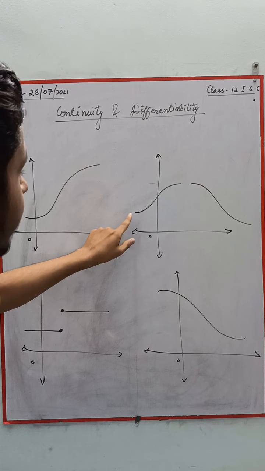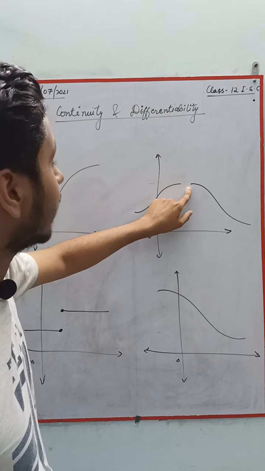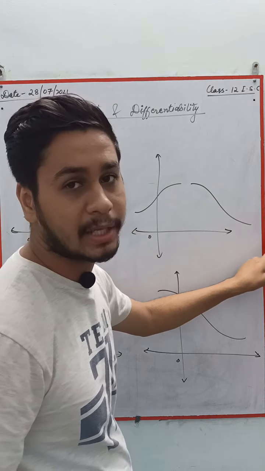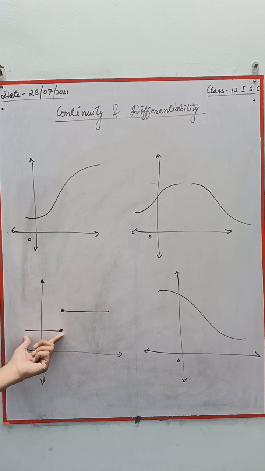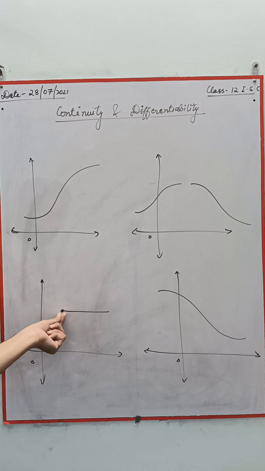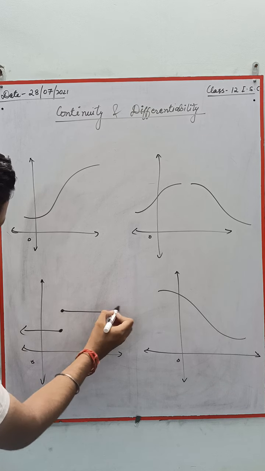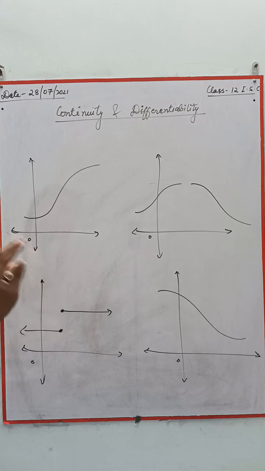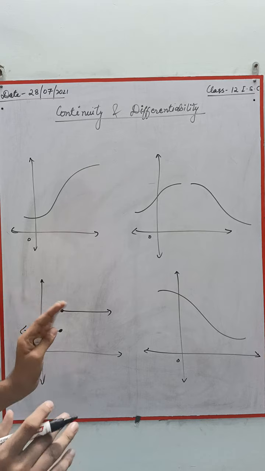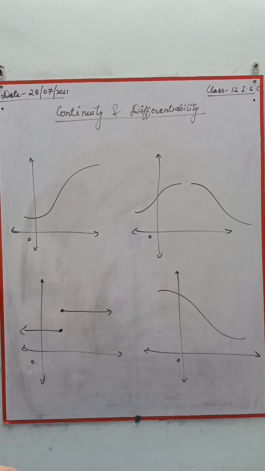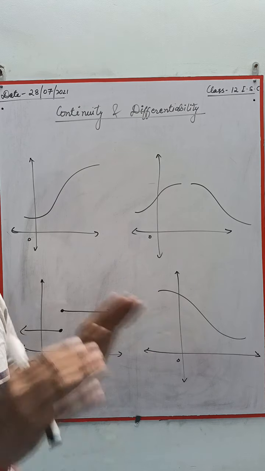Here the graph curve went up, then there is some break or a gap, then again it continued. In this graph, there is a straight line which has some jump here, and it again started. So from these four graphs, in this you have a break, in this you have a gap, but for these two you don't have any gap or break.